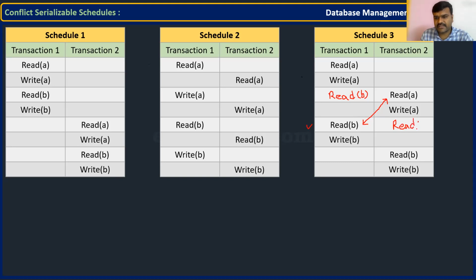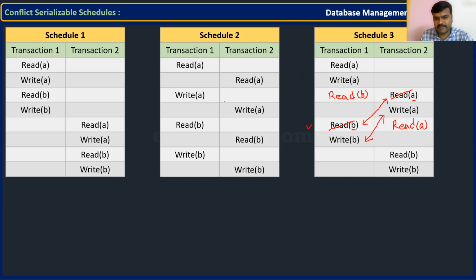Swap those two, their positions. Now, these two, the main thing you have to observe is their data items are different. Because data items are different, even if you changed their order of reading, no problem.